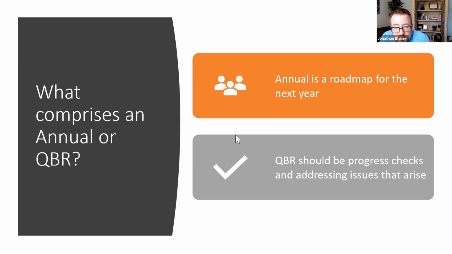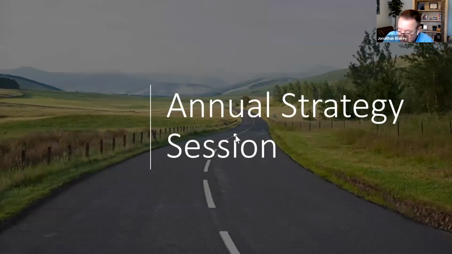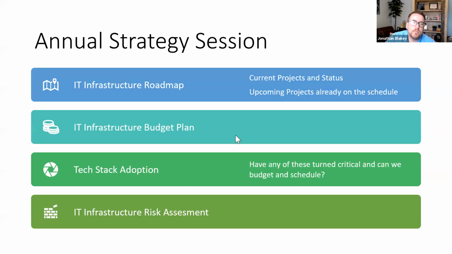It also gives the opportunity for addressing any issues or challenges that arise during that period. But for the most part, you're doing those status checks in the QBR that you've outlined from the annual. So let's dive into the annual strategy session and some of the pieces that typically should be included in this.